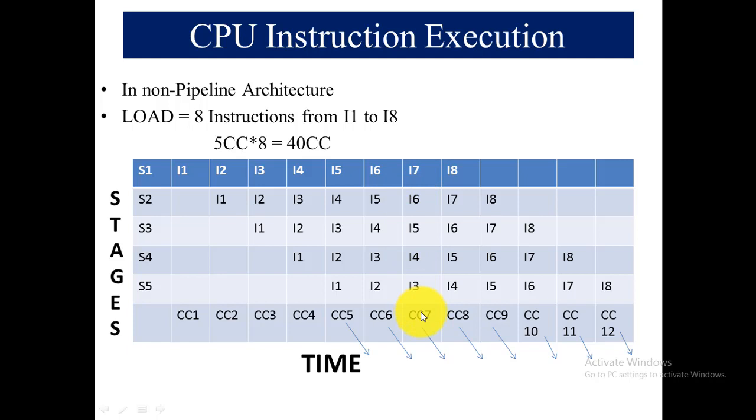After that, in the 7th clock cycle, instruction 3 will be out from the phase diagram. In the 8th clock cycle, instruction 4 will be out from the phase diagram, and at the same time we will start executing instruction 8. In the next clock cycle, the 9th clock cycle, instruction 5 will be out, and all the other instructions will move to the next stages.